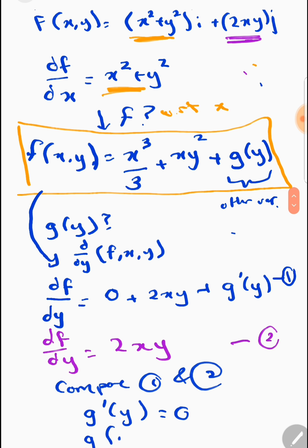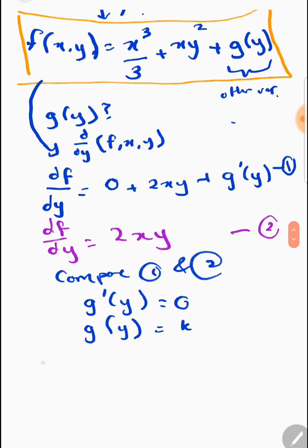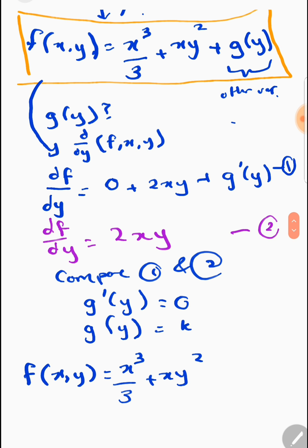If I integrate it, then it's just going to give me any constant k. Therefore, my f function is given by x cubed over 3 plus xy squared plus k. So this is the potential function of my conservative vector field.